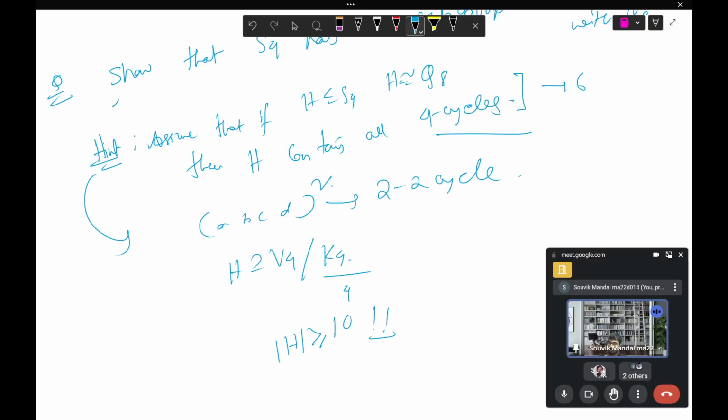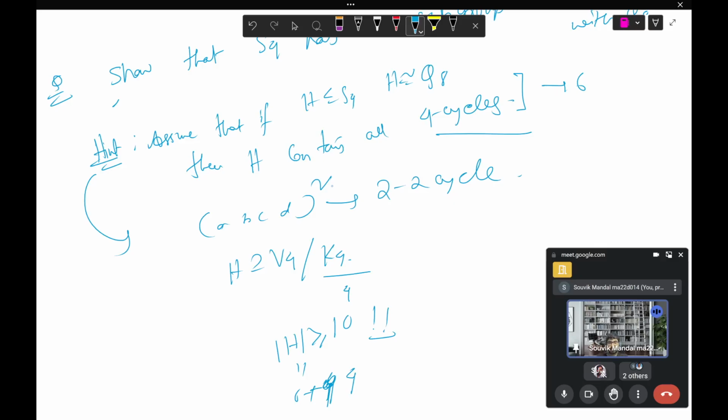So this tells that H contains all the 2-2 cycles. This implies H contains the Klein 4 subgroup inside S4. So the order of H is greater than or equal to 6 plus 4, so 10. That's the argument.